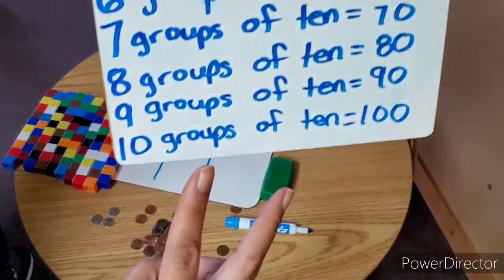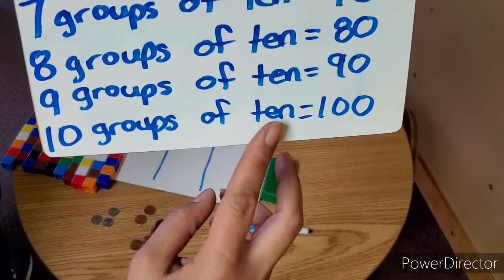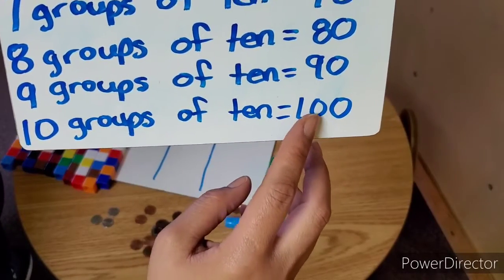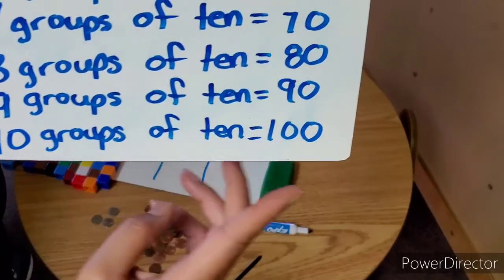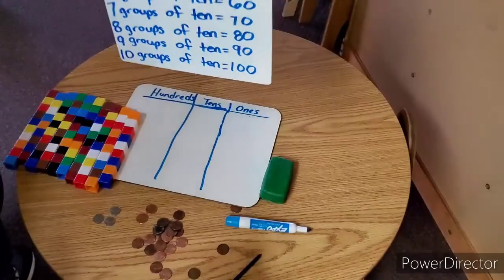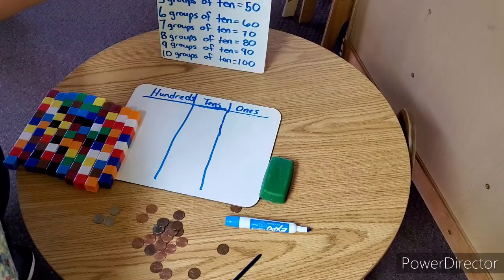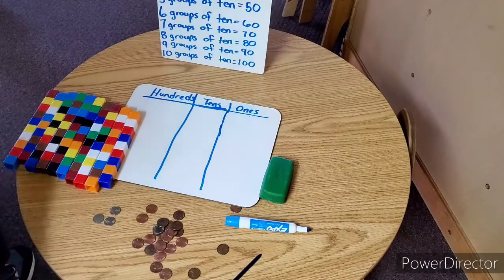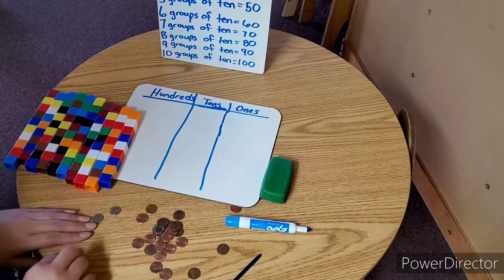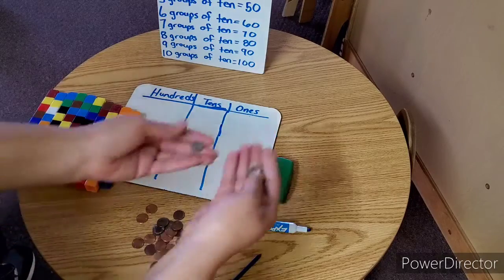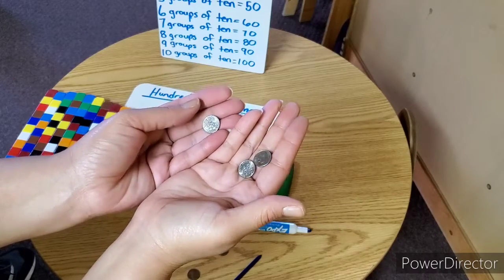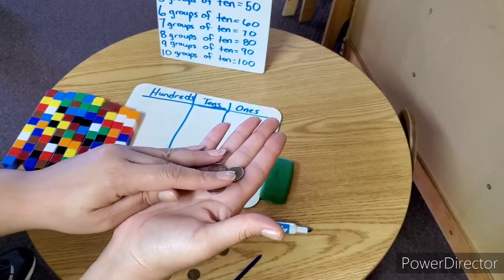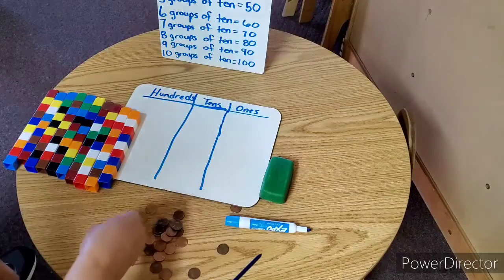But when I get down to 10 groups of 10, there's 1, 2, 3 digits in this number. Let's explore what happens when we get 10 groups of 10. So this is where you'll need to have 10 dimes. I only have 3 groups of 10, so you'll need to find 10 dimes if you have them.